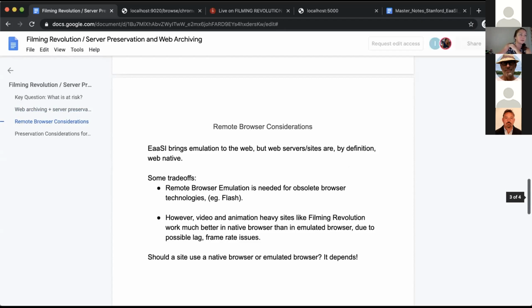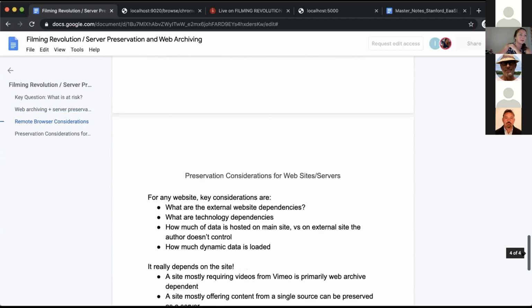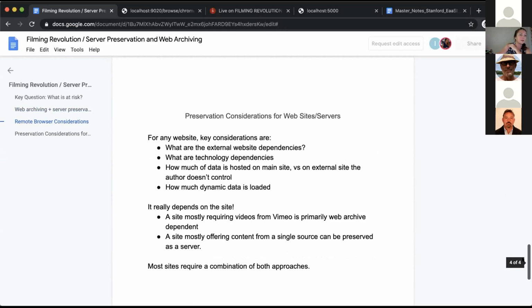And again, all of this is dependent. I can share this later, but this is really dependent on websites: how much of a website is coming from external sources, what the technology dependencies are, whether all of it is hosted on your own site or on Vimeo, for example. So it really depends on the exact infrastructure of the site, and we really could use more methodology on how to even determine that.